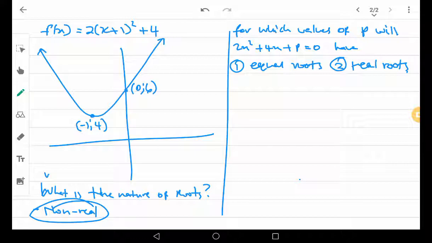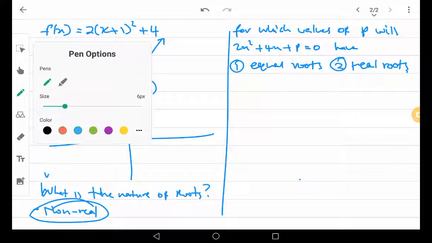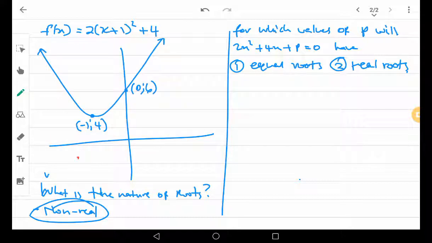So first, how can I check our equation? You're going to use the graph.